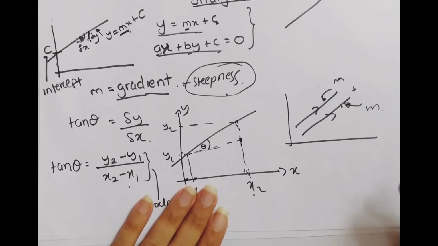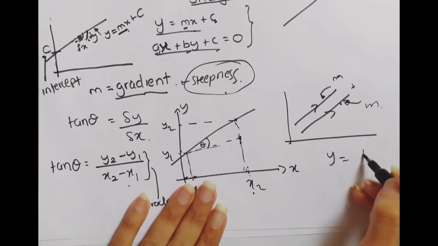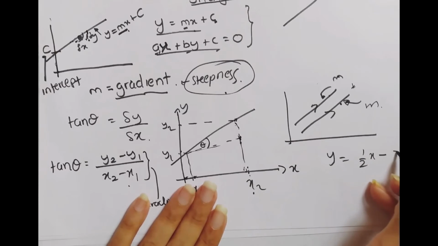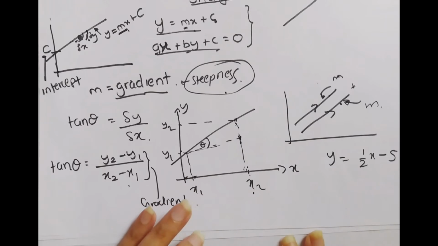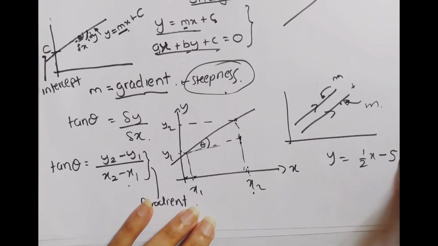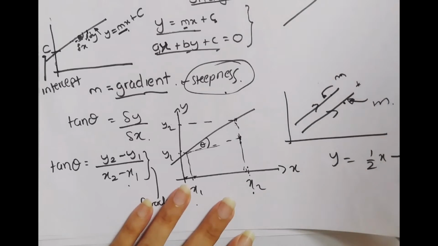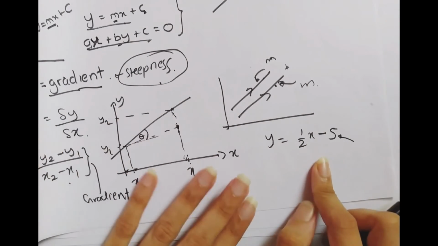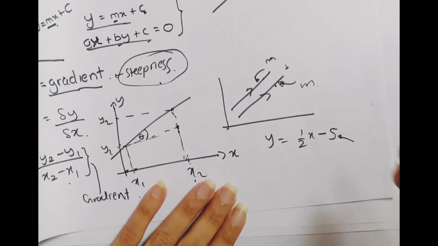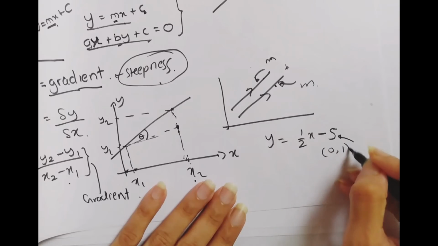Now think of y equal half x minus 5. You want to find the straight line that is parallel to this and passes through the coordinate (0, 1).